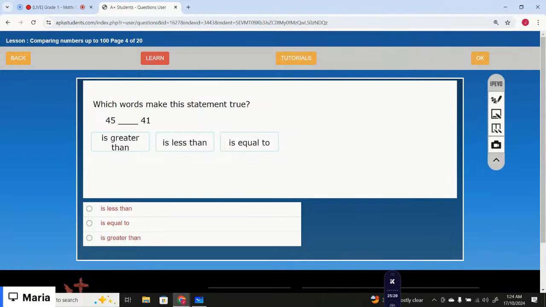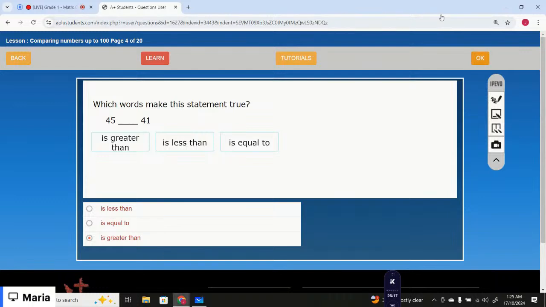Which words make the statement true? Very good. 45 is greater than 41.